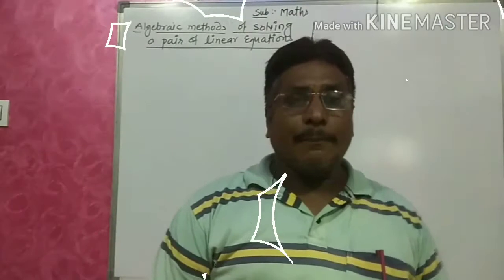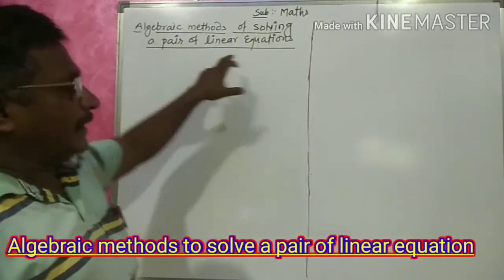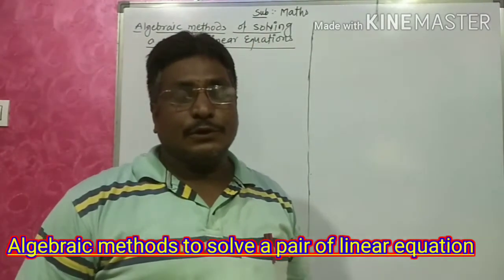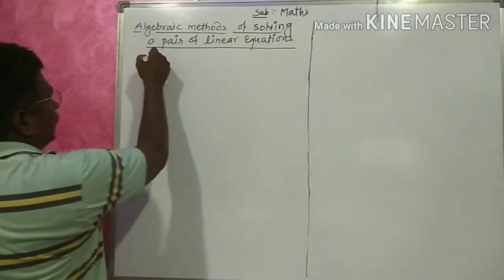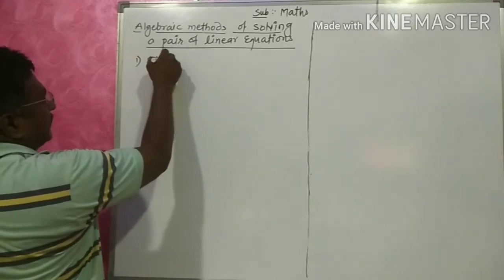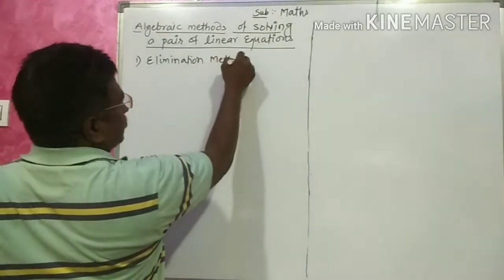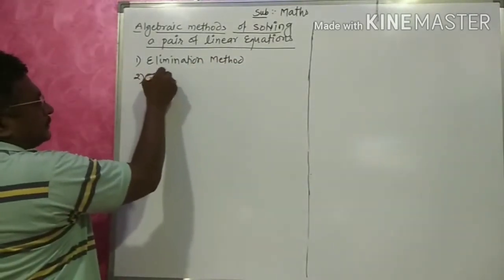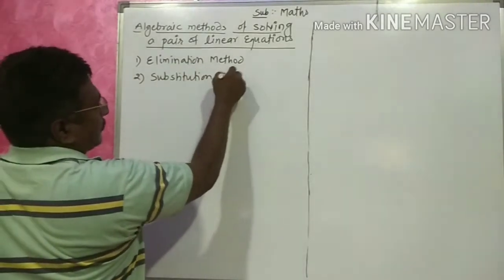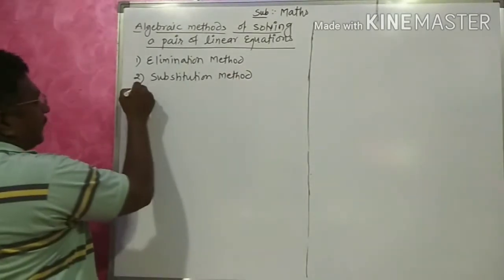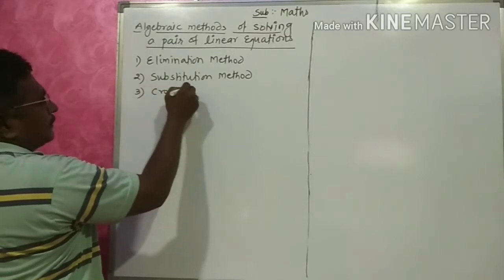Now today we are going to learn the algebraic methods of solving a pair of linear equations. Here we are going to discuss the elimination method, second the substitution method, then the cross multiplication method.